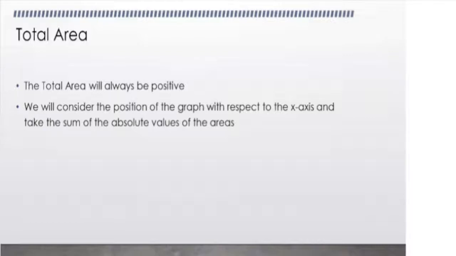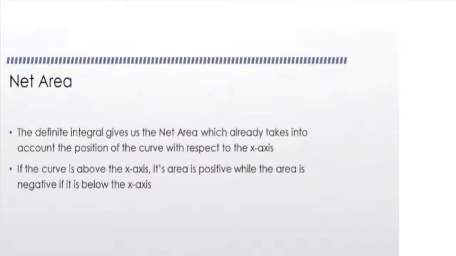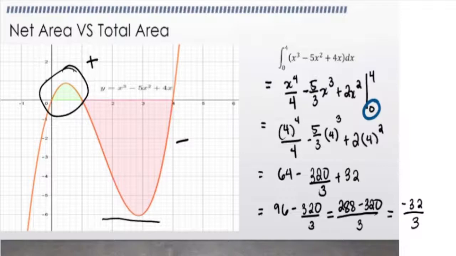So we will consider the position of the graph with respect to the x-axis and take the sum of the absolute values of the areas. So, ibig sabihin, kung babalikan natin tong part na to, kukunin natin yung absolute value nitong nasa baba. Okay?